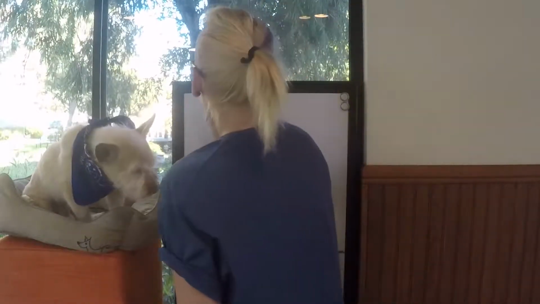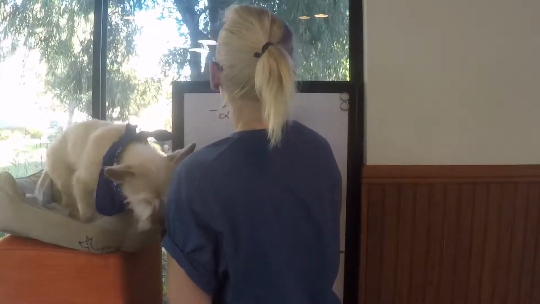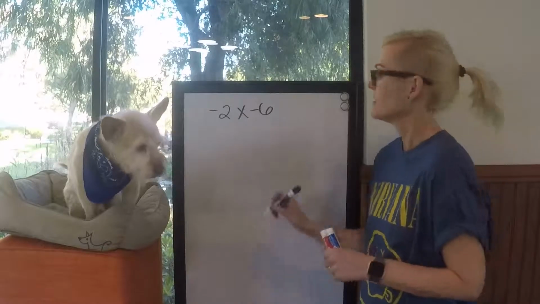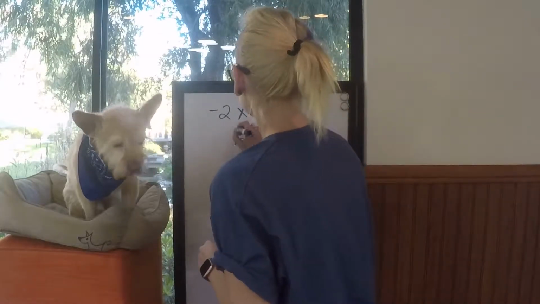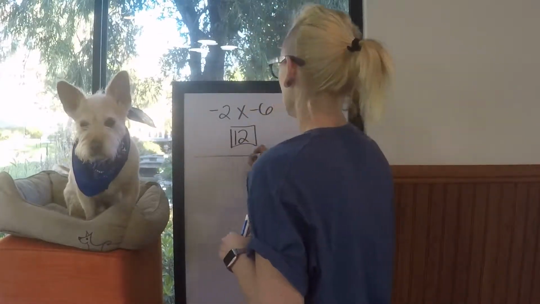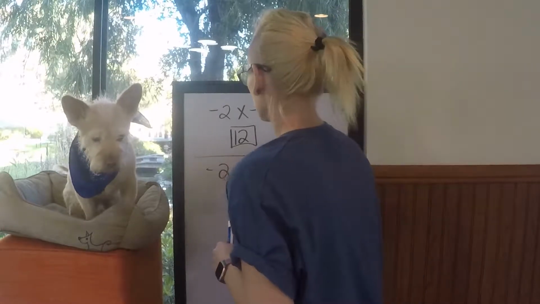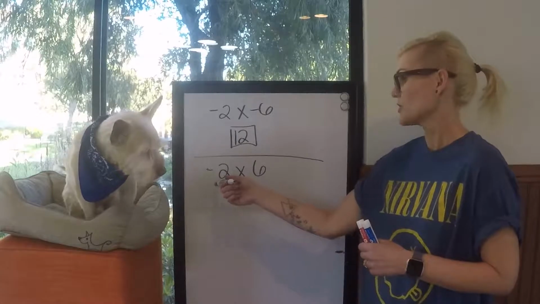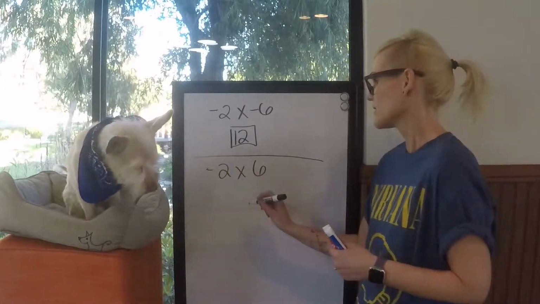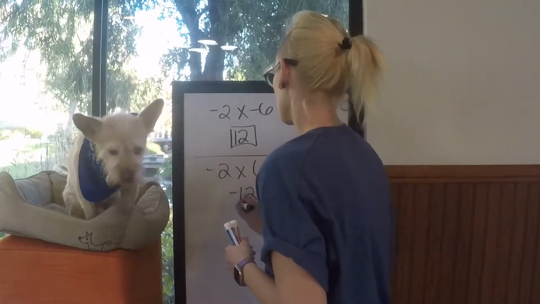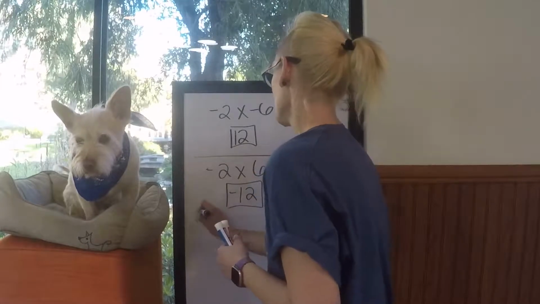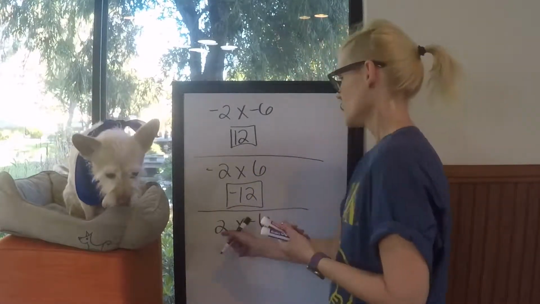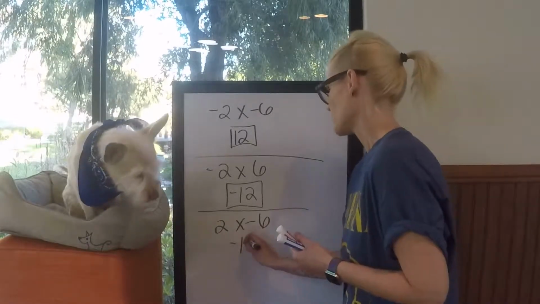If I have -2 times -6, my signs agree, so that's going to be positive. If I have -2 times +6, my signs disagree, so I'm going to get a -12. If I have a +2 times a -6, signs disagree, -12.